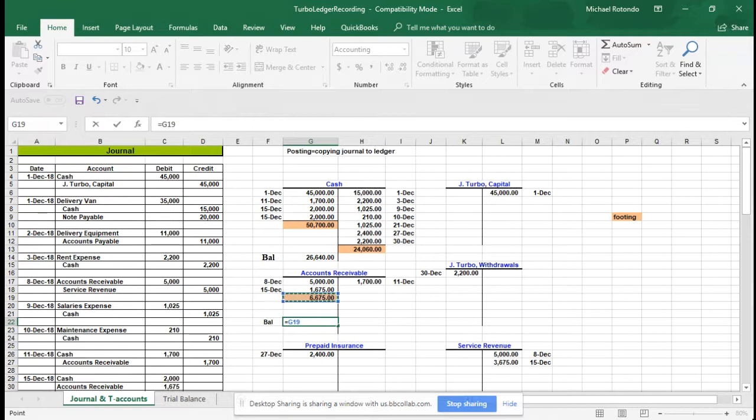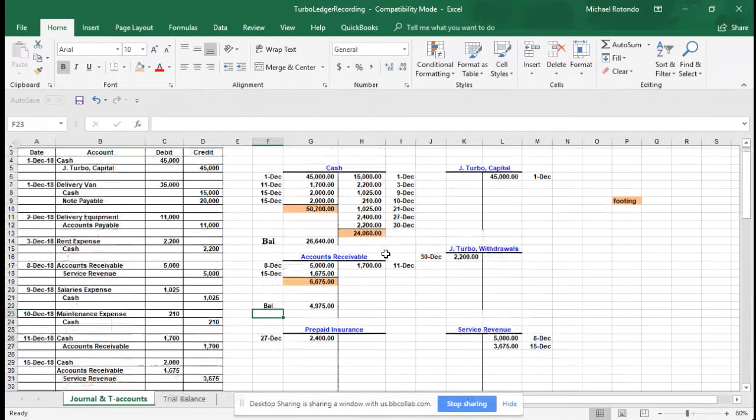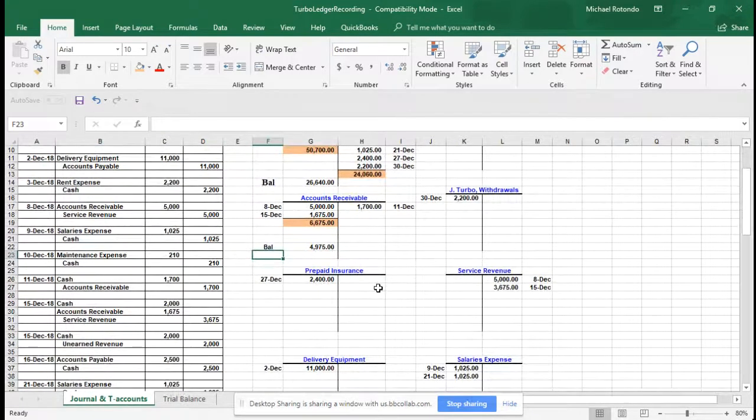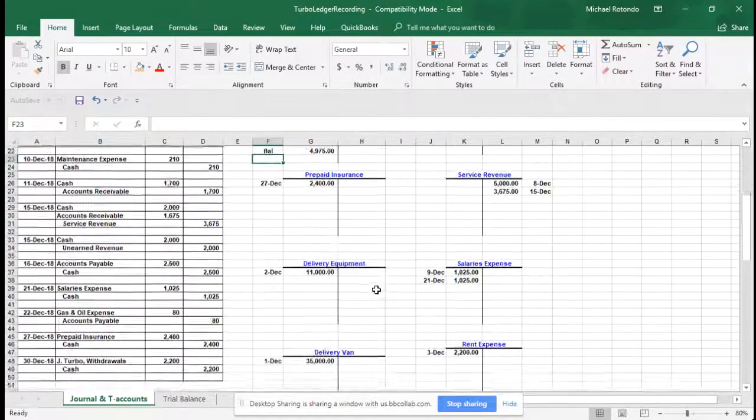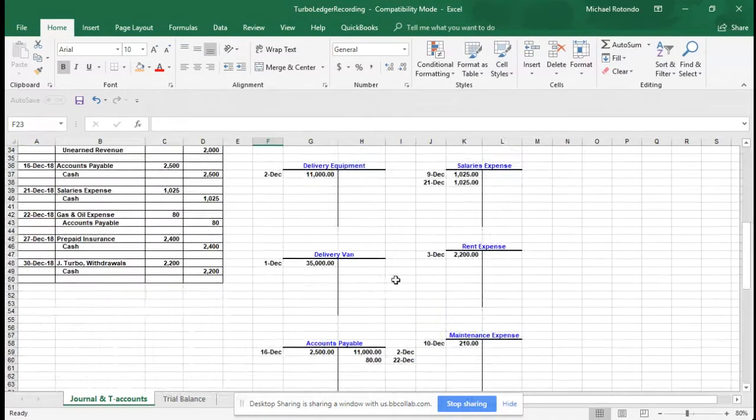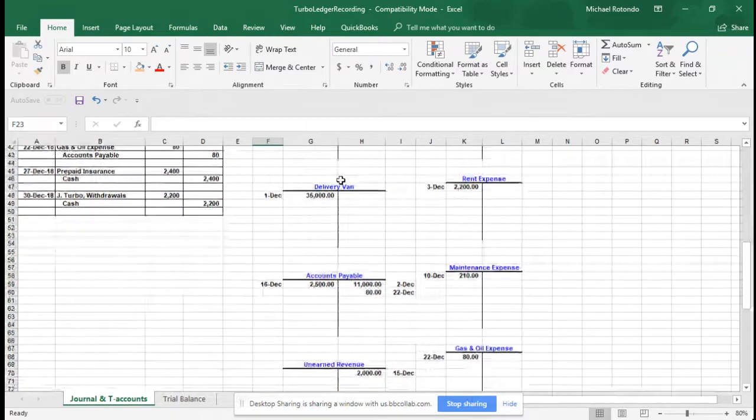We would take our total debits minus our total credits. We have a balance of 4975. Okay, prepaid insurance is only one item. We don't have to do anything. Same with the delivery equipment and the delivery van.